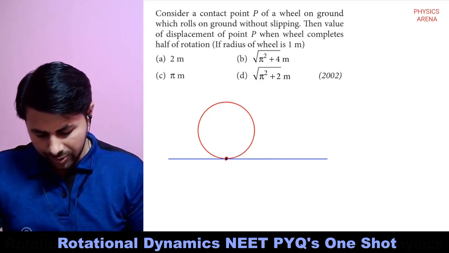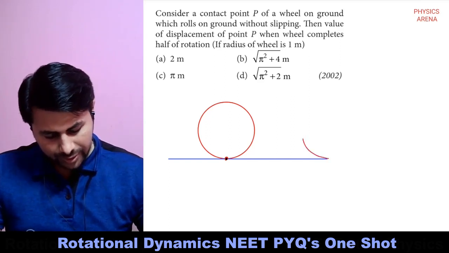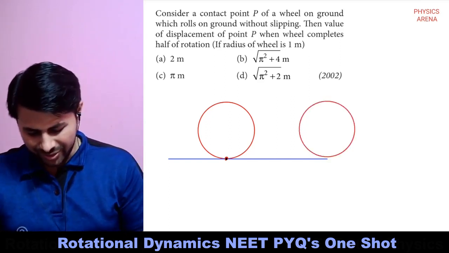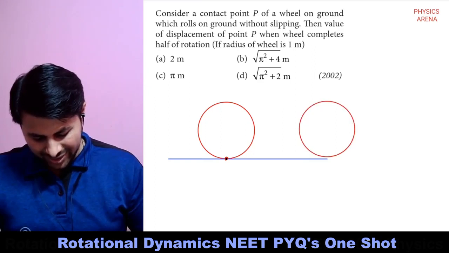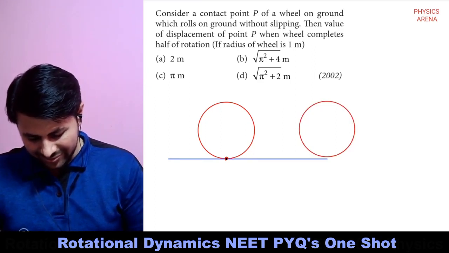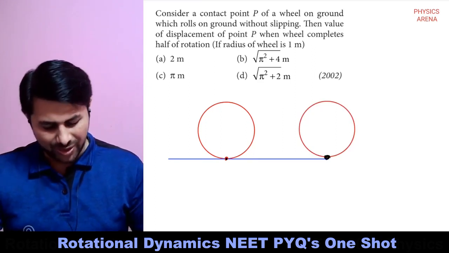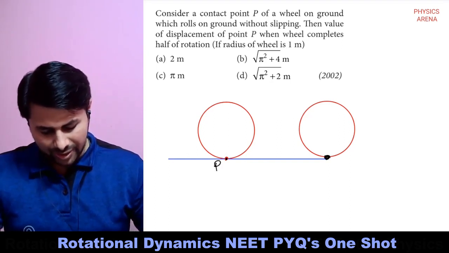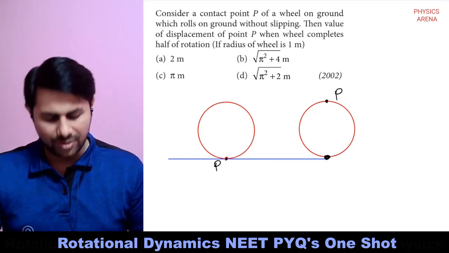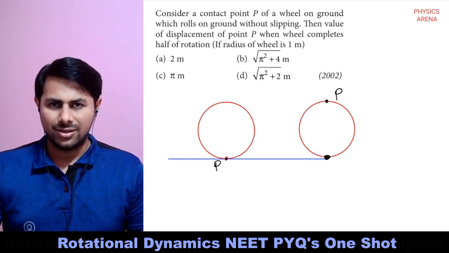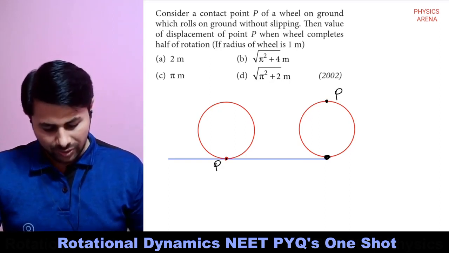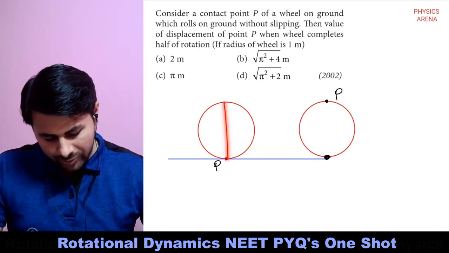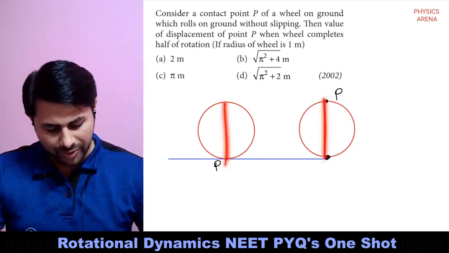So let's suppose the wheel goes over here. This is the new point of contact. So this point P will reach the top, right? Now how much vertical distance will this point cover?